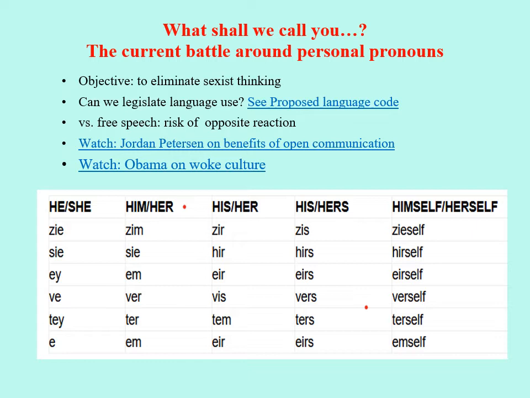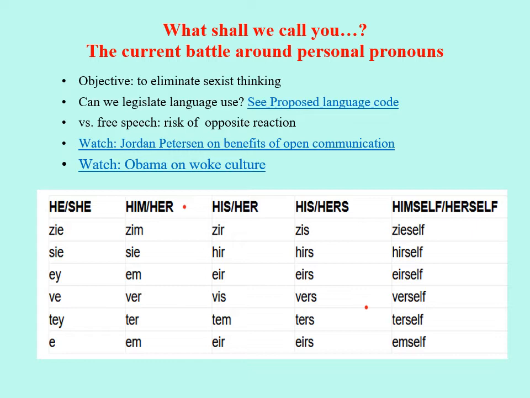At the bottom of this slide, you see a summary of proposed alternative personal pronouns that you should be using. So instead of he, she, you should use sie, him, her, you should say zim, his, her, you should say zir, his, hers, you should say zis, and himself, herself, you should say sie self.